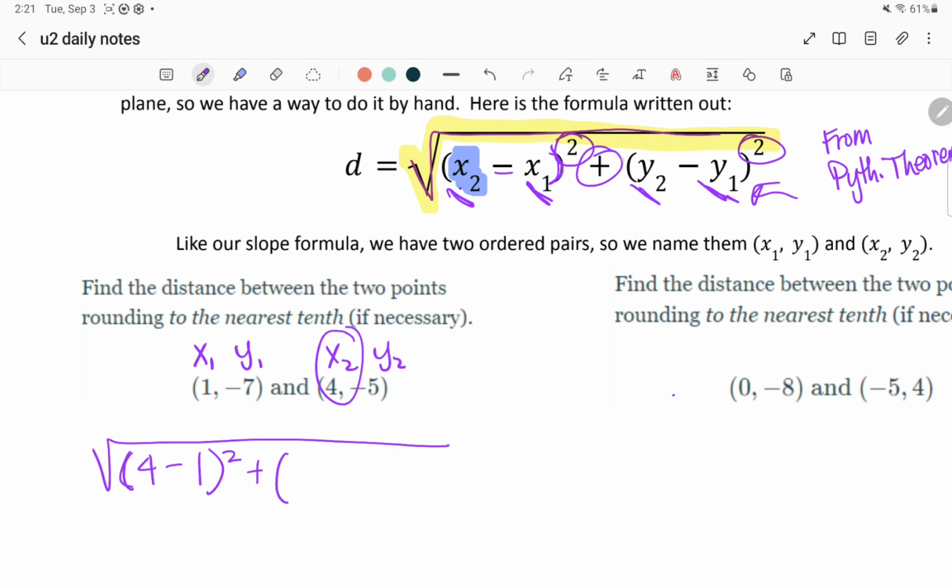Plus, open a new parenthesis, and now I'm right here. y2 minus y1. Notice I have y2, negative 5, minus negative 7. Okay, your calculator is perfectly fine with this.